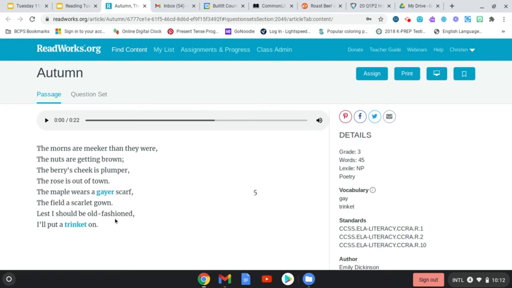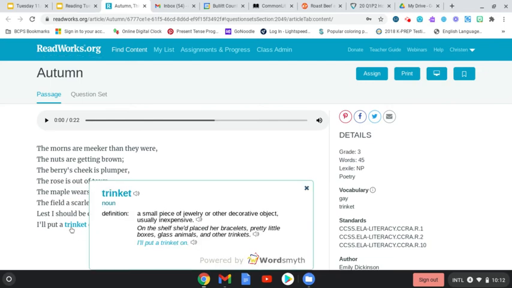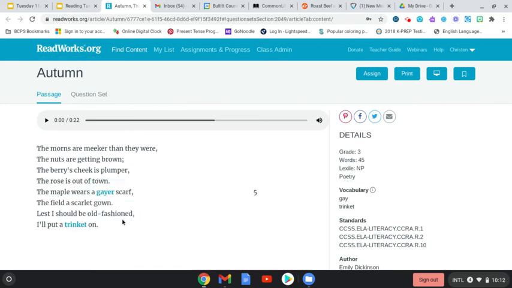Lest I should be old-fashioned, I'll put a trinket on. Now, do you notice here how it's highlighted? A trinket is a small piece of jewelry or other kind of object. Okay? So, lest I should be old-fashioned. So when you talk about I, that means the reader, the author, the speaker. Okay?